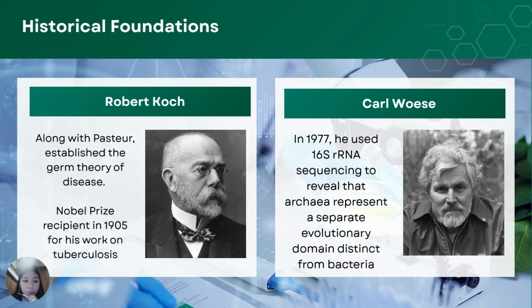Next, Robert Koch, together with the help of Pasteur, established the germ theory of disease, which linked microorganisms to infection. Koch's postulates remained a cornerstone of microbiology, and his work on tuberculosis earned him the Nobel Prize in 1905. Later, in 1977, Carl Woese used 16S rRNA sequencing to reveal that archaea represent a separate evolutionary domain distinct from bacteria, which transformed how we classify life.